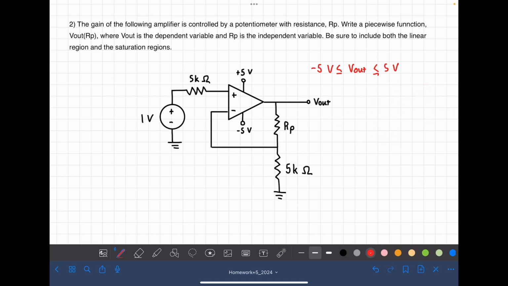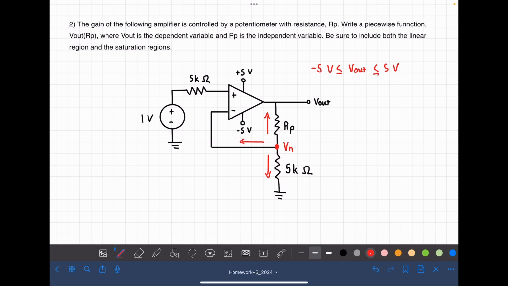So first off, it'd be good to just analyze this normally and find an equation for V out in terms of Rp. So if we're looking for essential nodes, it looks like this is our only option right here. We'll call this Vn, actually. As you can see, it's connected directly to the negative input. So let's go ahead and write an equation for all the currents exiting Vn.